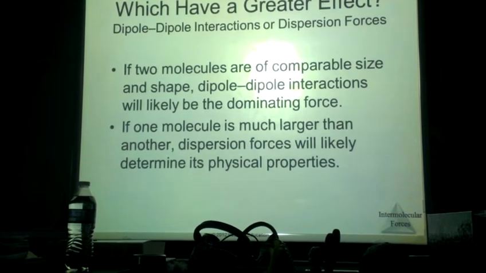But as I increase that carbon-hydrogen chain, let's say I have a really, really long chain and then one small polar group at the end, dispersion forces are going to be the greater of the intermolecular attractions, because I have more of those hydrocarbons than I do of that one small polar group attached at the end, okay? So much larger dispersion forces.